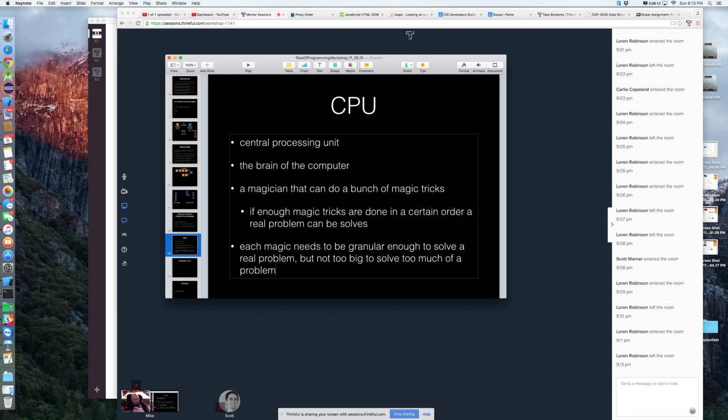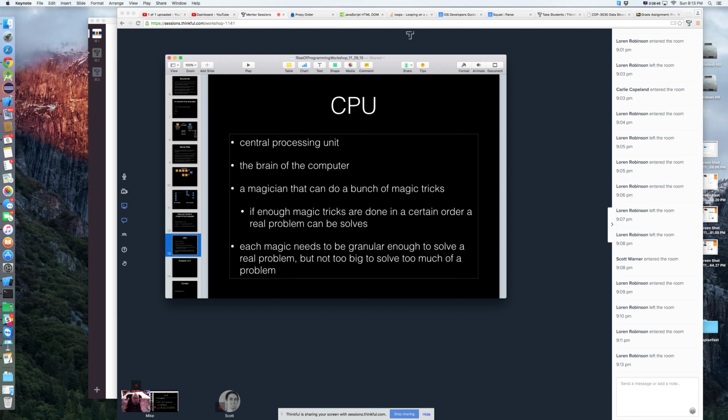So there's this weird balancing act that Intel and AMD need to solve when they're designing these processors. They need to create minimalistic functions on this processor, minimalistic magic tricks as I refer to them, that allow us to solve a grand classification of problems with our programming languages, but each of those magic tricks needs to be granular enough to be compatible in all sorts of different other magic tricks, but not too big that they solve too much of a problem where they become useless in other magic tricks. So it's kind of a weird balancing act.